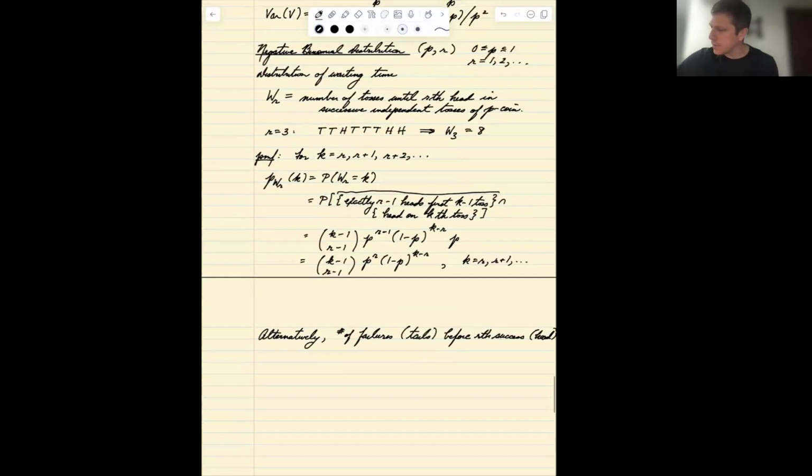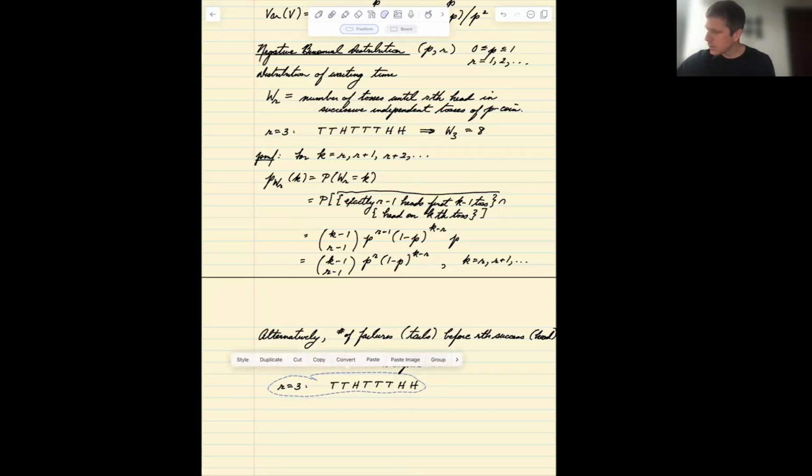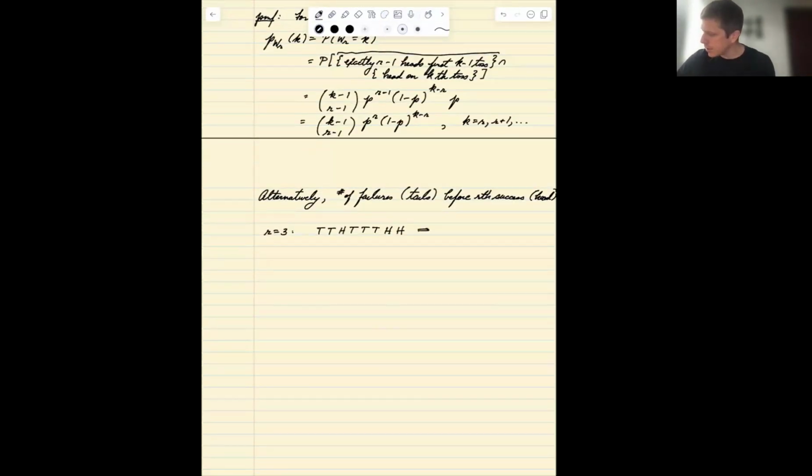So in the example above, if R is 3, we're going to write this as V sub R. V sub 3 is equal to 1, 2, 3, 4, 5, which is equal to W sub R minus R, right? 8 minus 3.